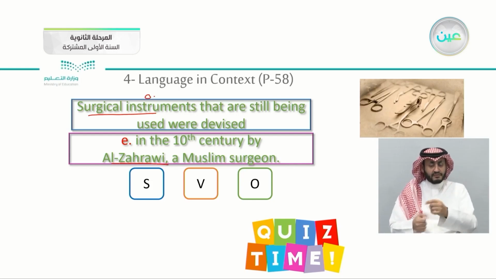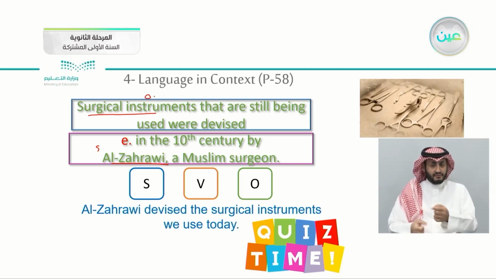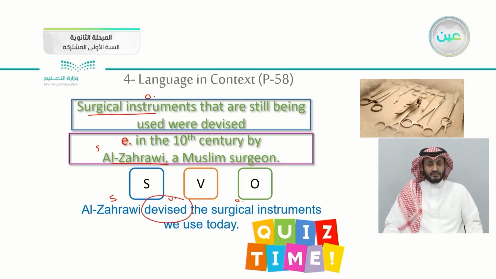He is al-Zahrawi, which is the subject. Let's put it in the correct order, subject, verb, and object. Al-Zahrawi devised the surgical instruments which we use today. He did the action to the objects. So devised, that's why we have "were" here.